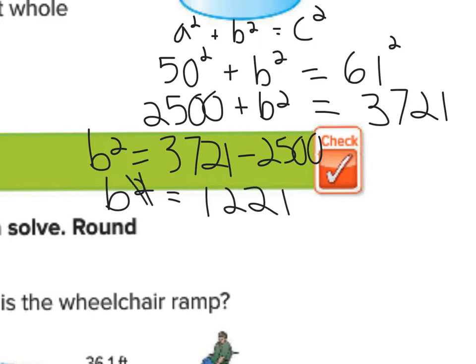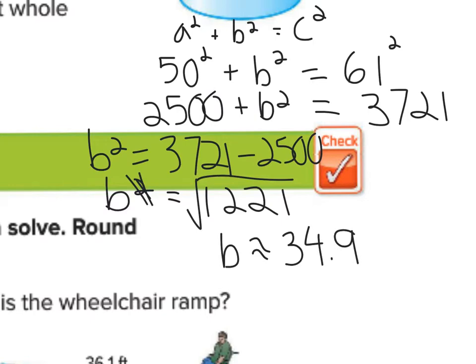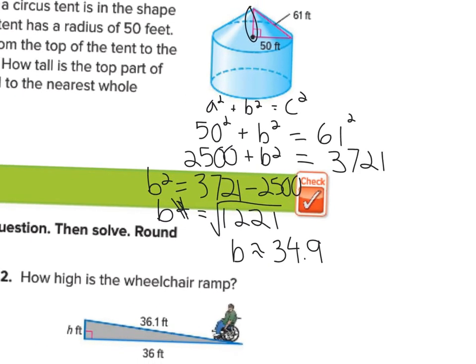So I will get rid of my exponent and square root 1,221. And when I do that, I get approximately 34.9. 34.9, and I believe, yeah, it's feet.